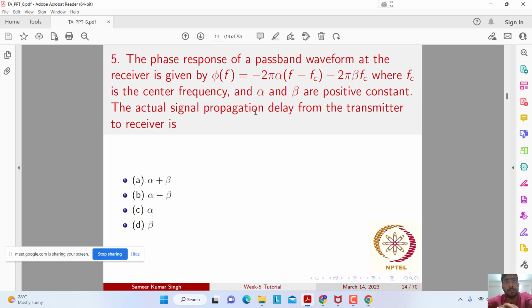The actual signal propagation delay from the transmitter to receiver is. So there we have to calculate the actual signal propagation delay, and we have a phase response. So try question number 5.